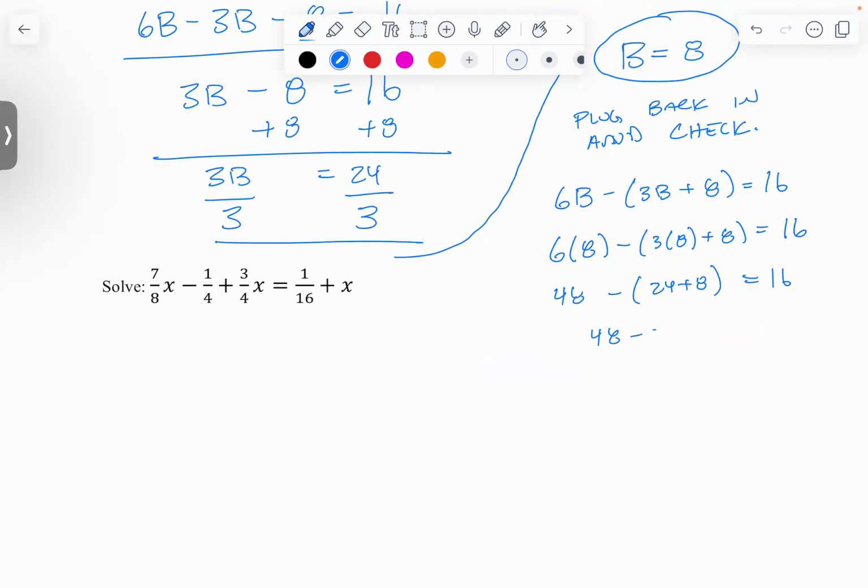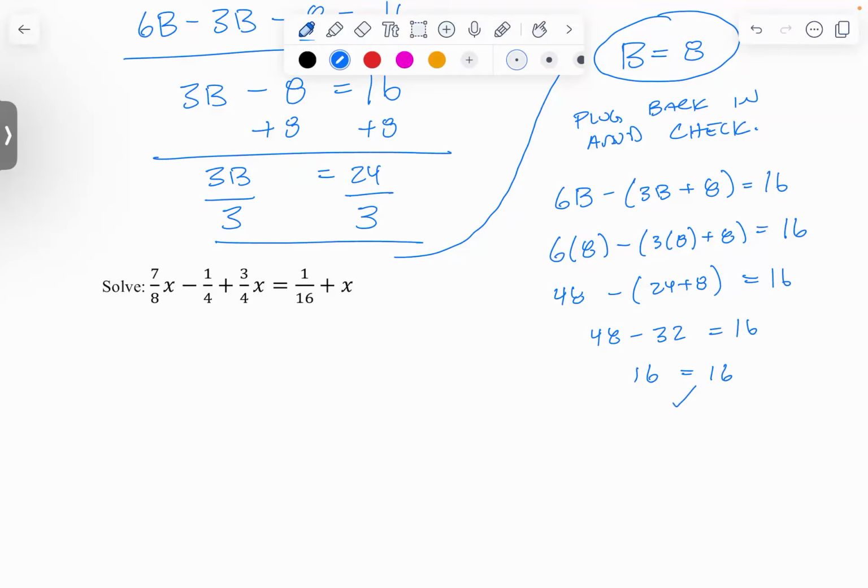So 48 minus 32, and 48 minus 32 is 16. And oh, look at that, we have 16 equals 16. This is an always true statement. That's how you check your answer. Plug it back in to make sure that the left side equals the right side.